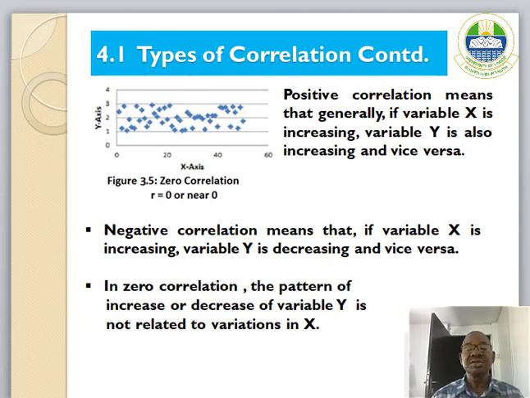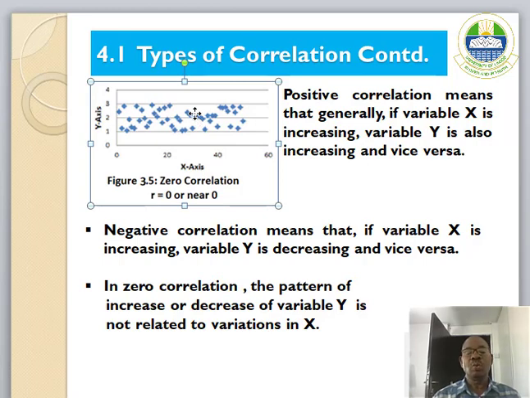Types of correlation. We see that for zero correlation, when the points form a horizontal band along the x-axis, then that is indicative of zero correlation. Now, all these indications of correlation by scatter plot, we can even do better.